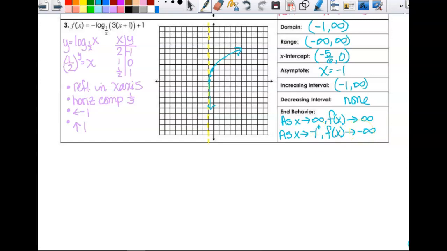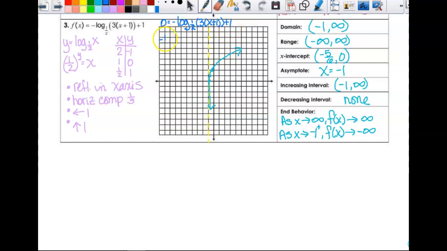Okay. All right, so the math behind getting the x-intercept. The x-intercept is when y is 0. So 0 equals negative log base 1/2 of 3 times x plus 1, plus 1. Okay, so I'm going to subtract 1 from both sides.